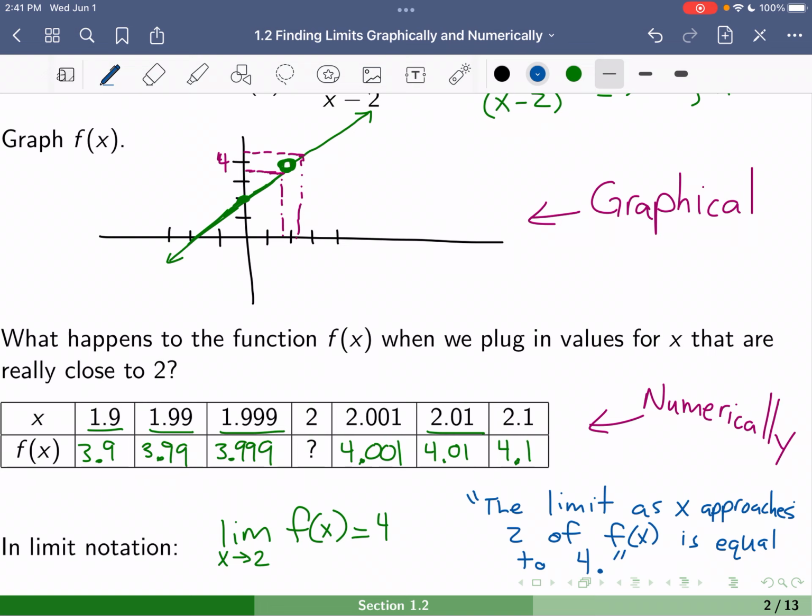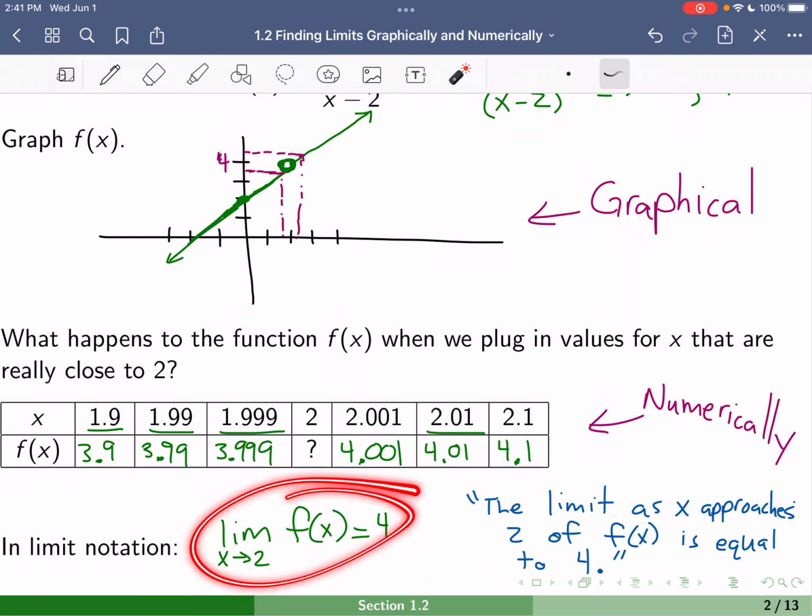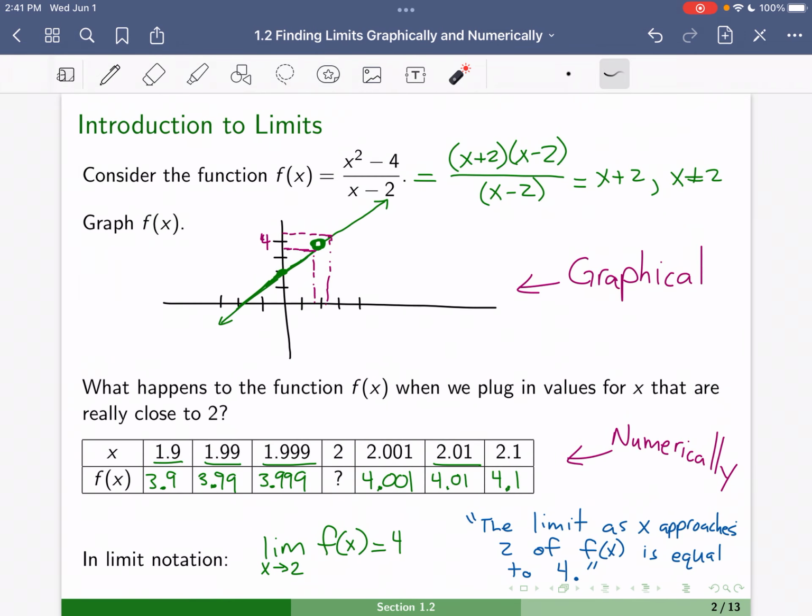Right. So that is what this means. We are saying the limit as x approaches 2 of f of x is equal to 4, or the limit of f of x as x approaches 2 is equal to 4. Either way to say that is going to be okay. So that's the idea of a limit. We are going to go through and calculate a variety of these. So we'll look at another example in our next video.